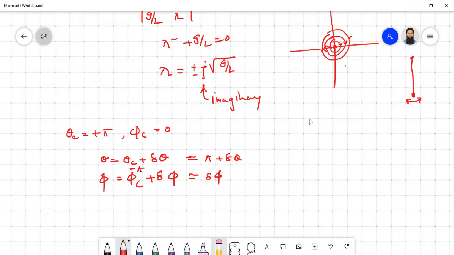Now if you differentiate theta, the pi is constant, so theta dot will be del theta dot, and phi dot will be del phi dot.